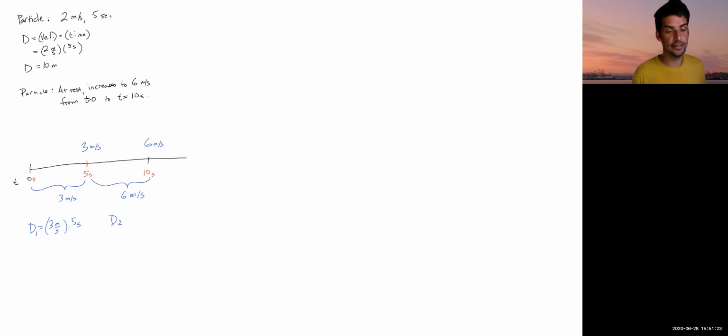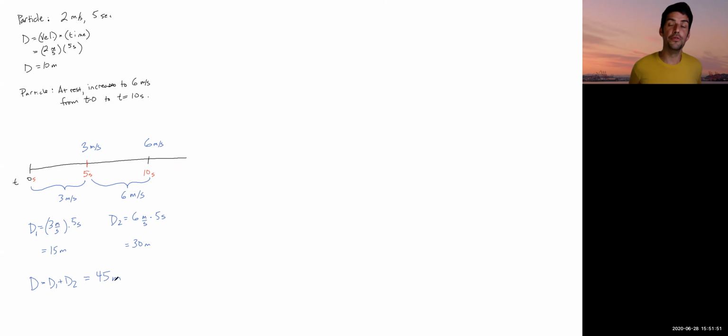The d2 is going to be 6 meters per second times 5 seconds. And so this approximation would give me 15 meters in the first 5 seconds and 30 meters in the second 5 seconds. And so the total distance would be the sum of these two, which is going to be 45 meters.